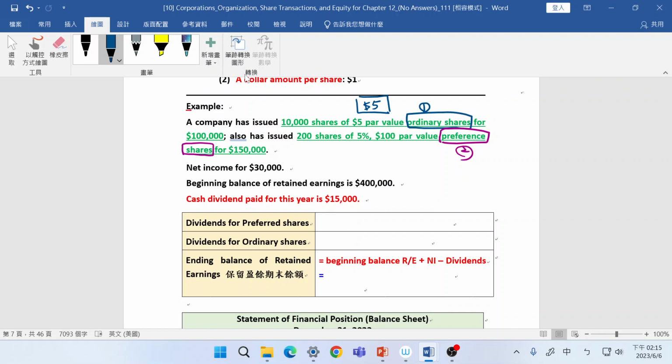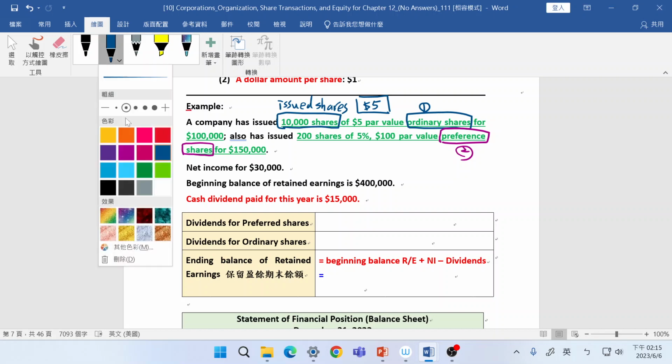Could you tell me this 10,000 shares means issued shares or authorized shares? Which one? Issued shares. You sold the shares to investors already. So this is your issued shares.